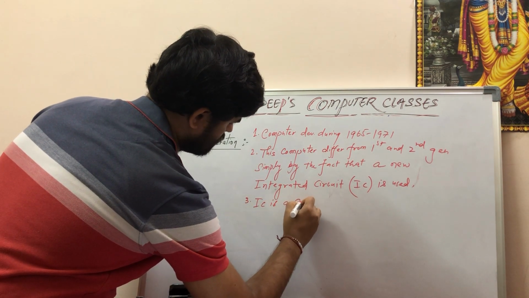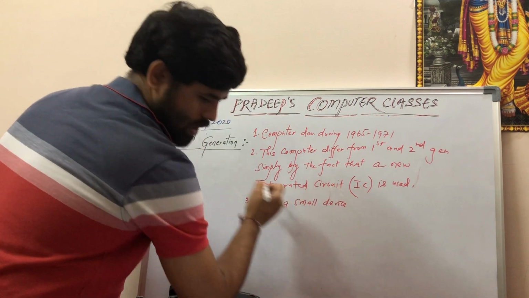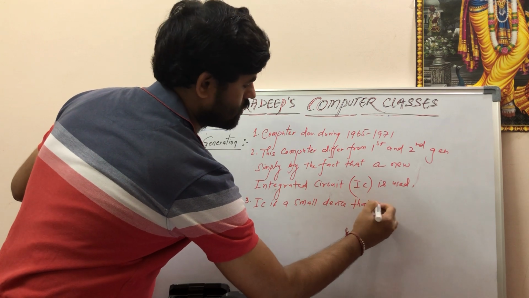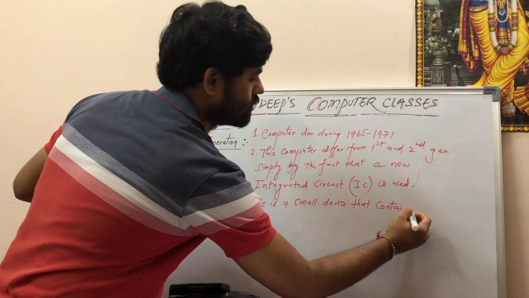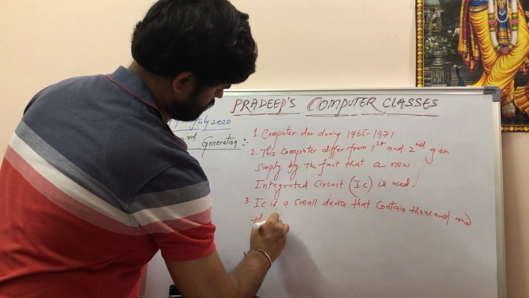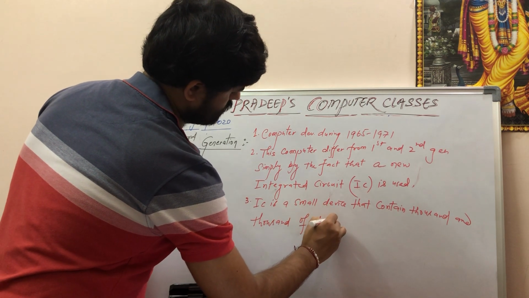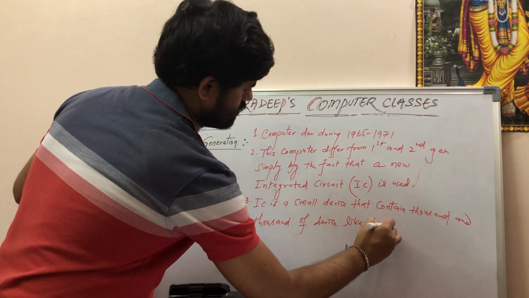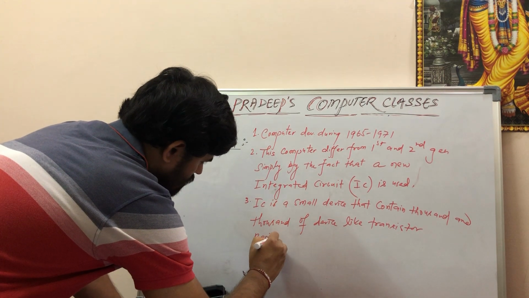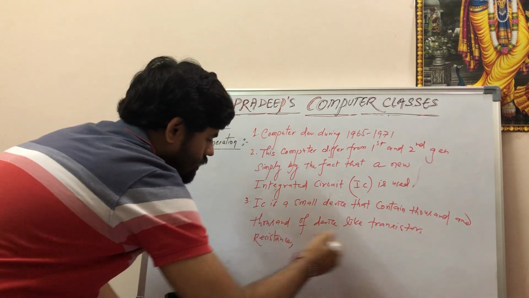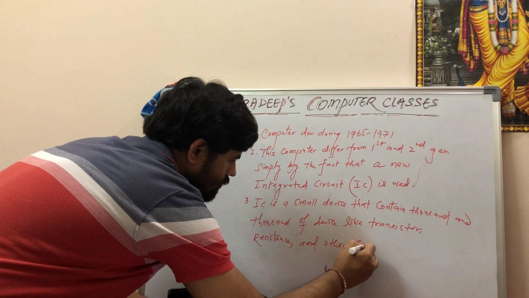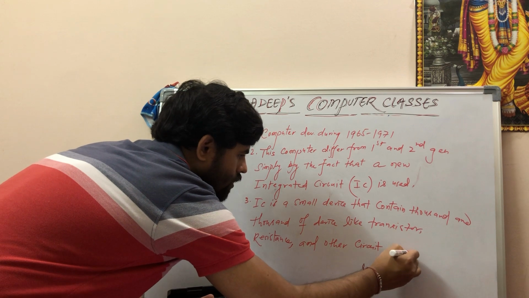IC is a small device that contains thousands and thousands of devices like transistor, resistance and other circuit elements which make the computer.